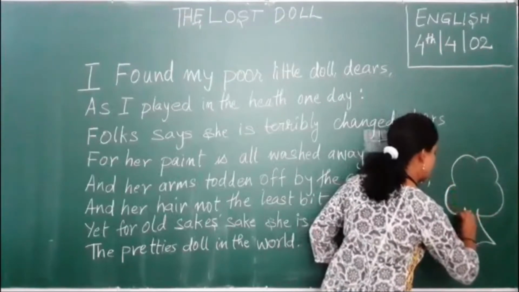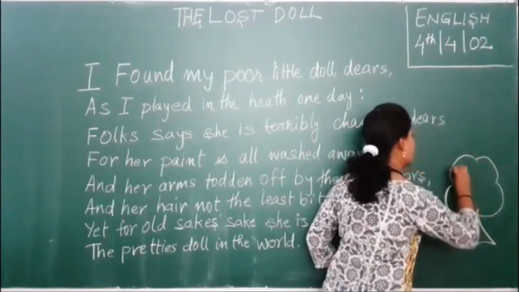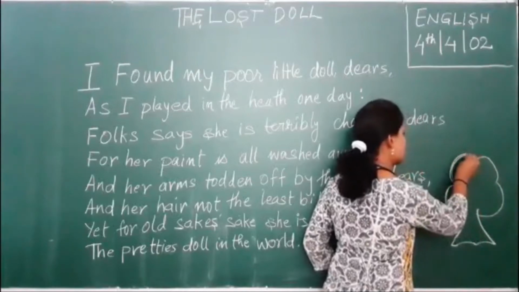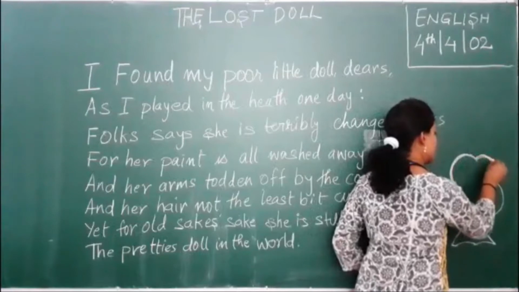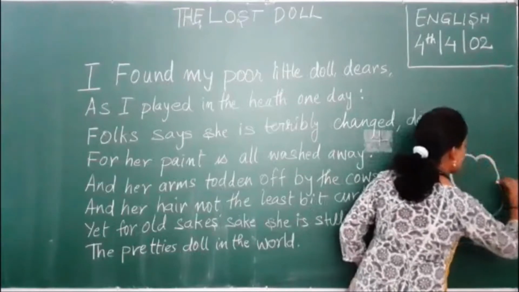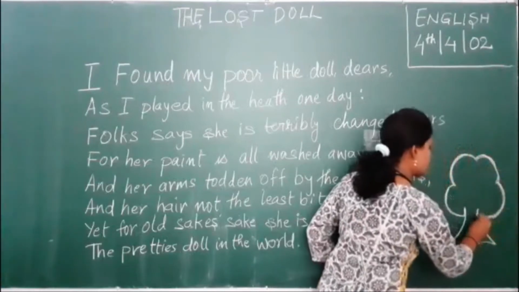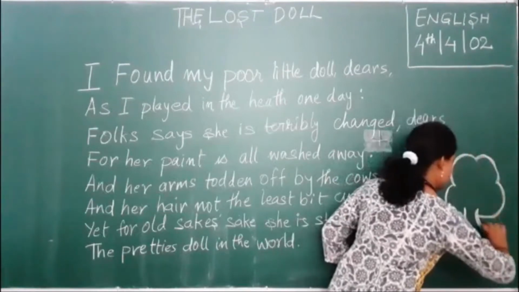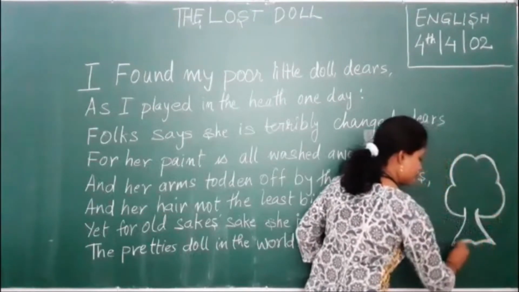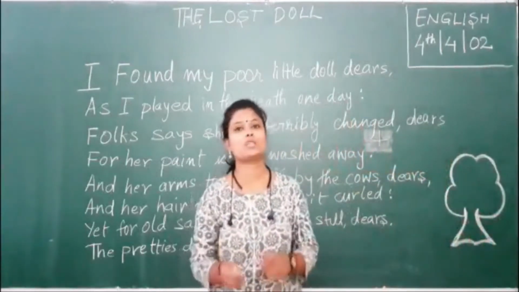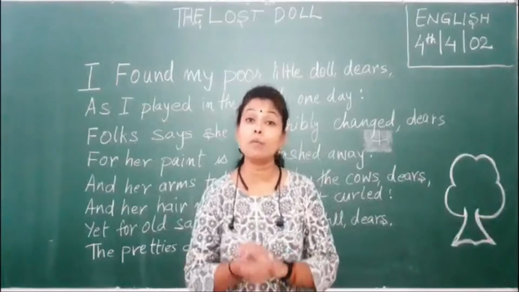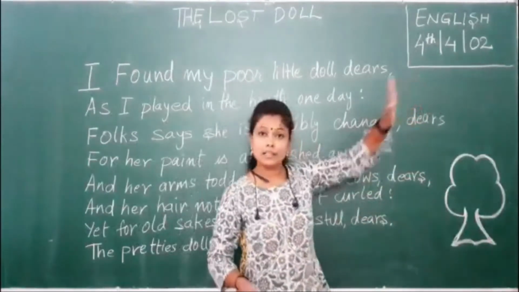We are just darkening the line. We are making the border. So by making a border, it looks beautiful. Isn't it? Yes. Now it looks very beautiful. That's why we always make a border as I've done here.